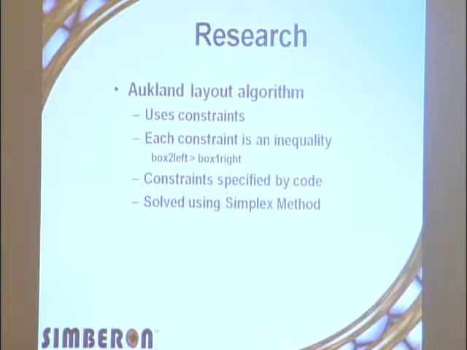Or I want the right side of my control to be greater than the left side of my control. And you come up with a whole series of inequalities. And in addition, you put in what they call an optimizing function, which is a function that computes a value, and you want to try to minimize that value or maximize the value.